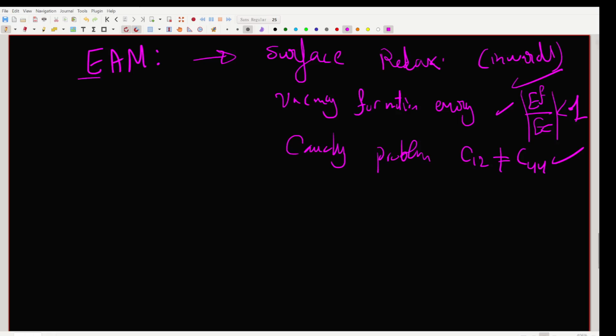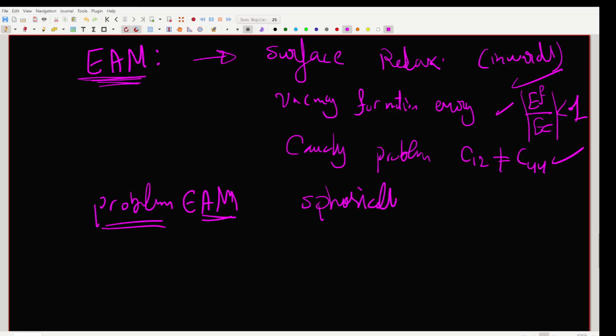Having said that, embedded atom methods are not perfect. They do have problems of their own. For example, they are spherically symmetric.